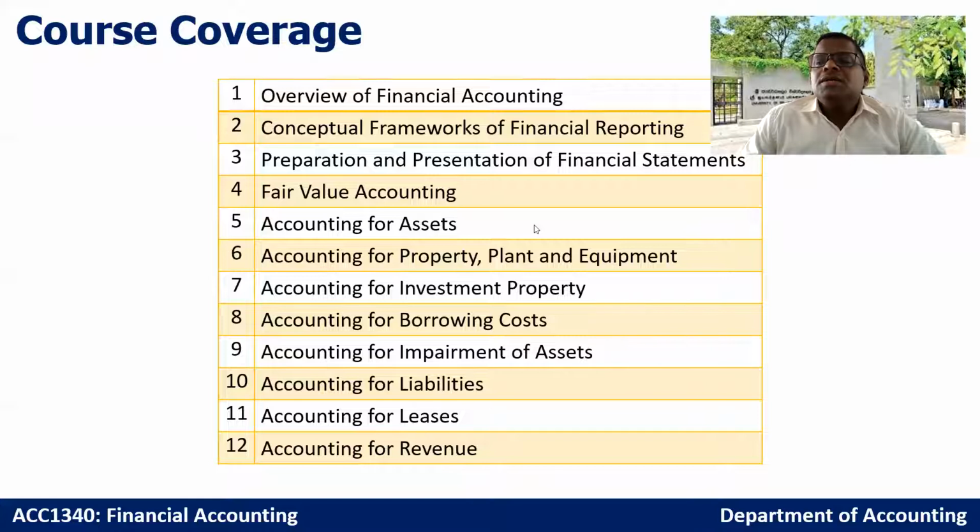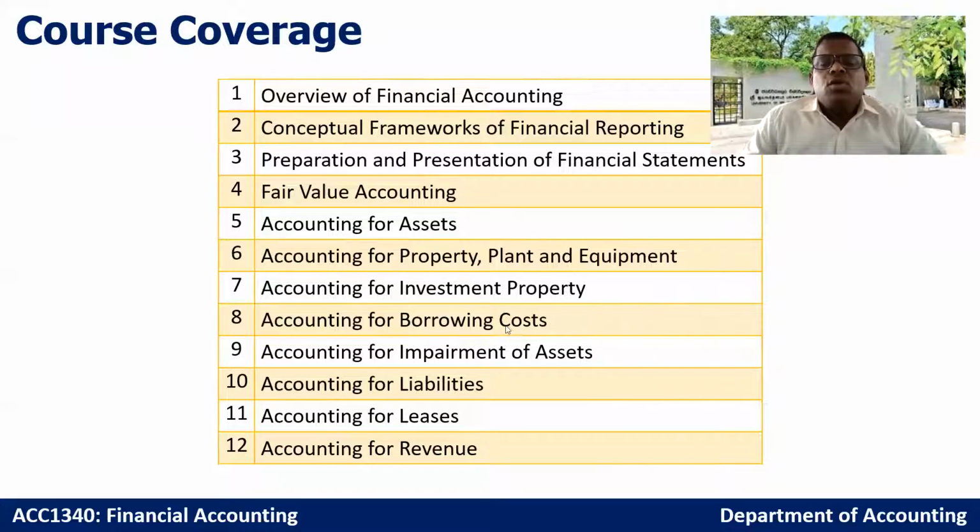Accounting for assets: we will be discussing different kinds of assets in a common way. Accounting for property, plant and equipment, PPE, one particular specific asset. Accounting for investment property, IP, another kind of asset.